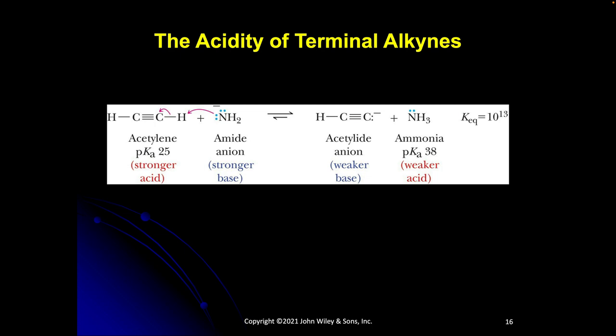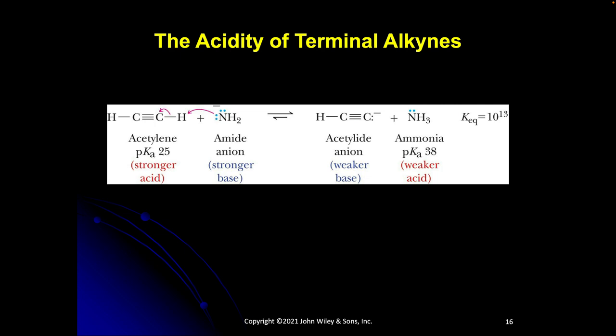And we know that the equilibrium lies far to the right because the equilibrium constant is 10 to the 13th. That's a huge number, right? You could pay me 10 to the 13th pennies and I will be a very, very rich person, okay? Just kind of give you an idea, all right?